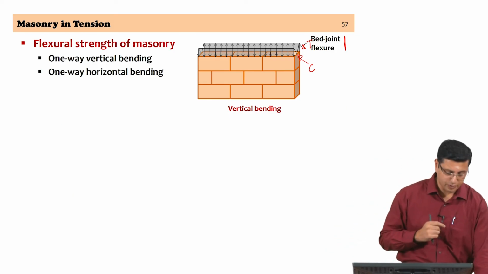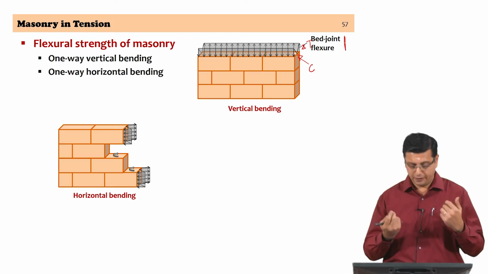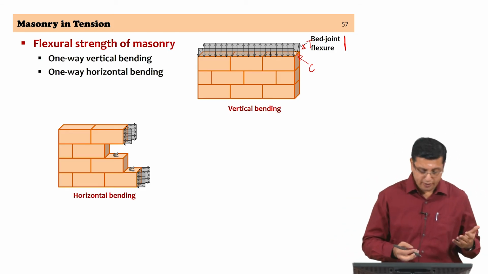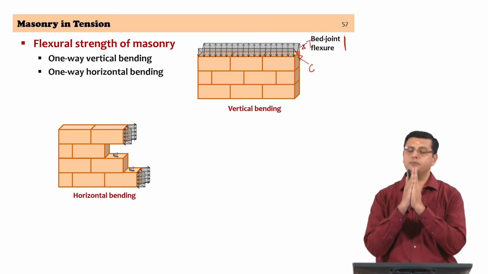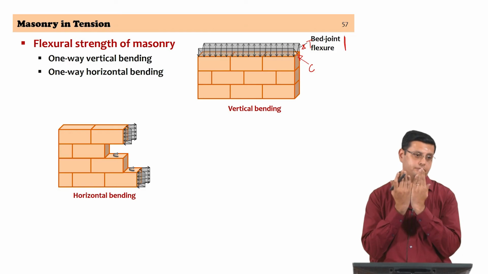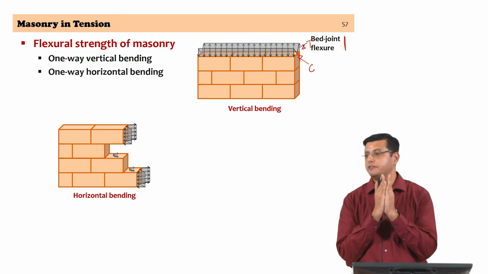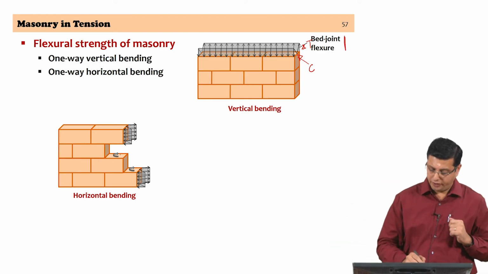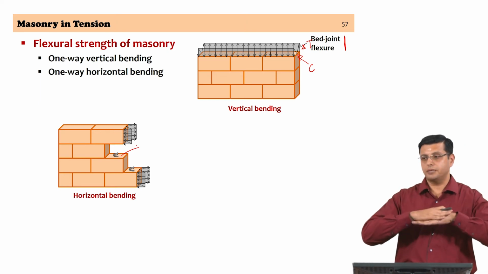So, in this situation, if you were to examine horizontal bending happening in the masonry wall, there are two aspects that you will have to consider. One is that the head joints will have a tendency of opening up and will be in a state of flexural tension, whereas the bed joints will be subjected to torsion.